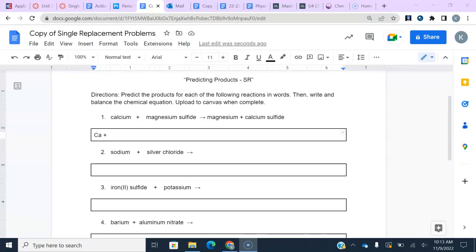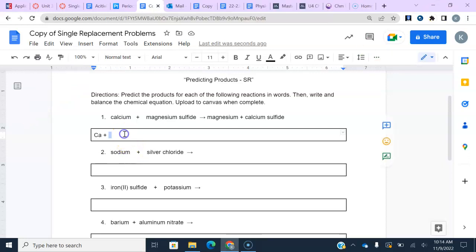So remember, when we do swap, drop, and chop, we would have our magnesium, which is a 2 plus, and then our sulfur, which is a 2 minus. Remember, we swap, drop, and chop, which would give us Mg2S2, which would just reduce to MgS.